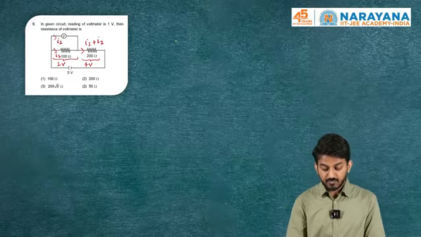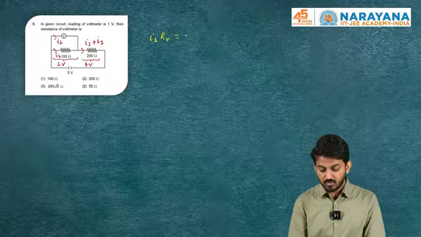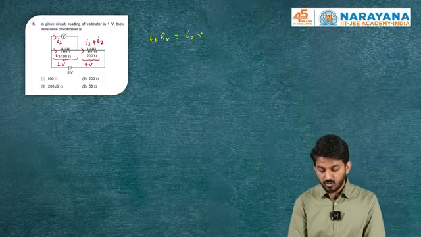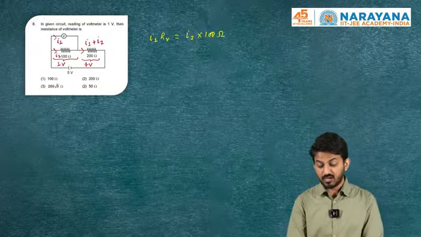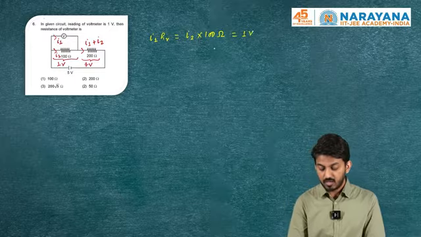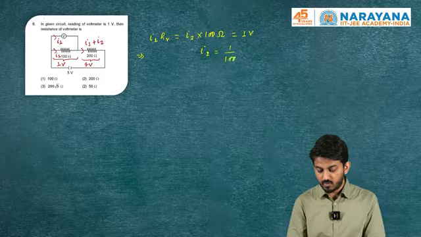Now because the values are given, I can take I1 into resistance of the voltmeter should be equal to I2 into 100 ohm, because they are connected in parallel, and this voltage is given to be 1 volt. Now this relation gives us that I2 is equal to 1 over 100 ampere.